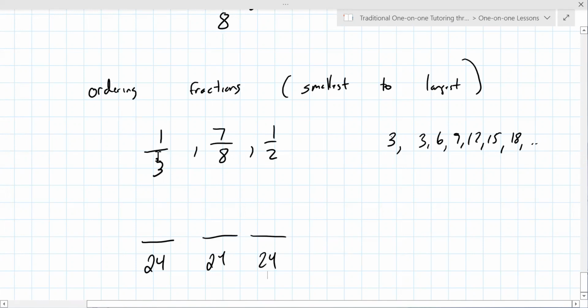So you have to replace each of these fractions, change them into the new denominator. Is it clear what I'm asking for? Okay. So the first one is 8, this is 21, and then this one is 12.